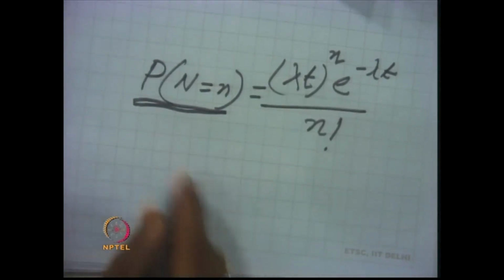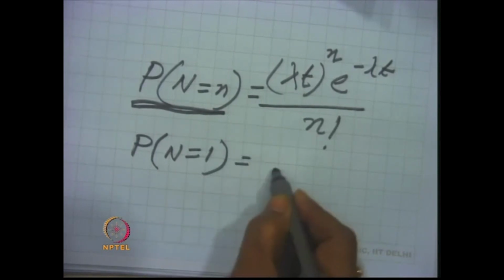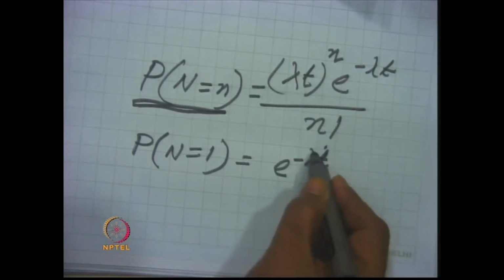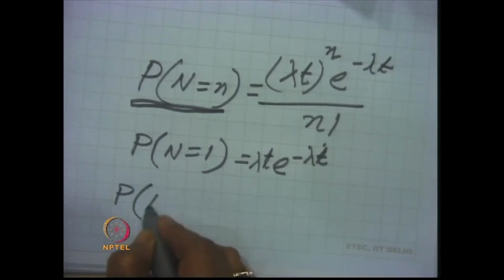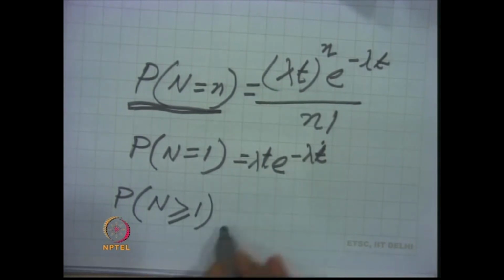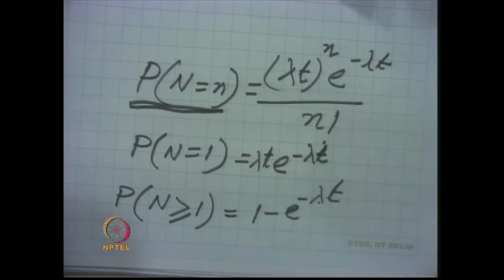Now, from this one can show that P of N equal to 0 will be equal to e to the power minus lambda t, and the probability of exceeding at least one event is given by this equation, where e to the power minus lambda t is the probability of not exceeding one event, and the probability of exceedance is given by 1 minus e to the power minus lambda t.